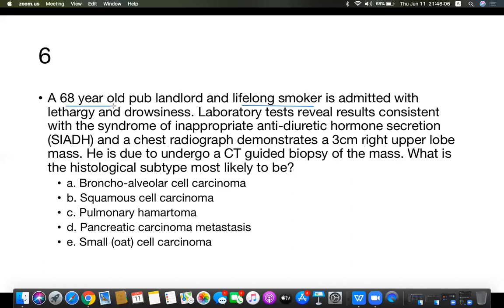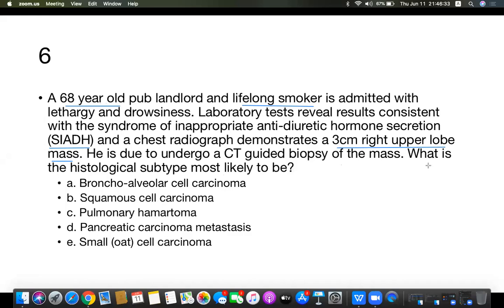So there is a long history of smoking, and this person is relatively old. He is admitted with lethargy and drowsiness. Lab tests reveal results consistent with SIADH, and a chest radiograph demonstrates a 3 centimeter right upper lobe mass. He is due to undergo a CT-guided biopsy of the mass. What is the histological subtype most likely to be?